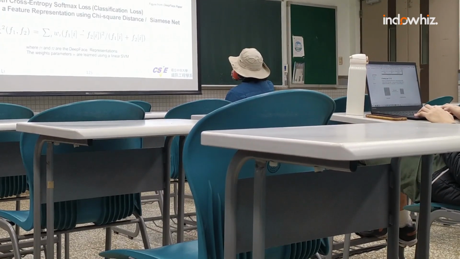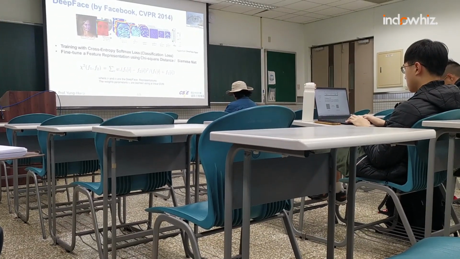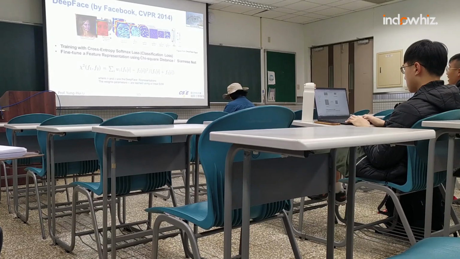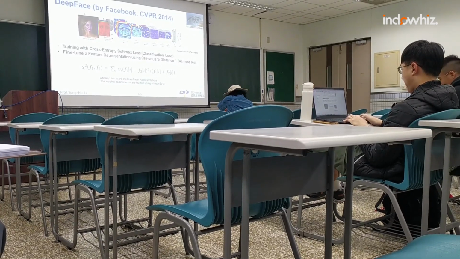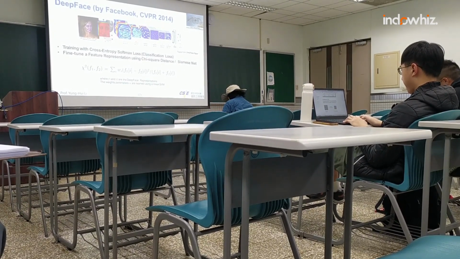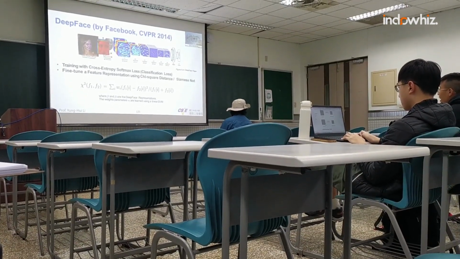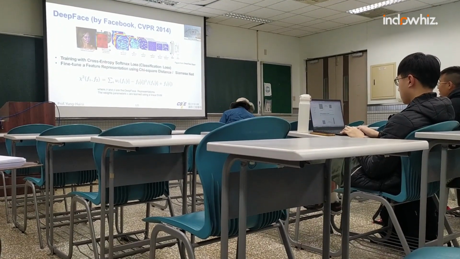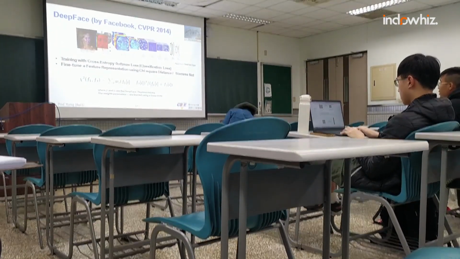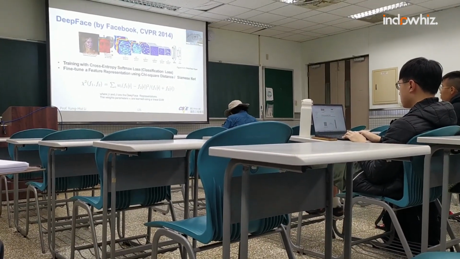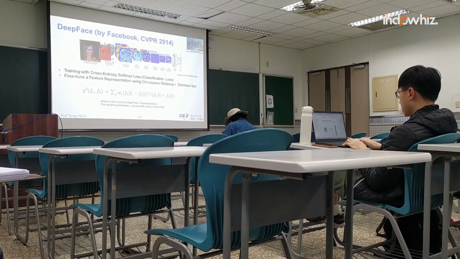So here is the flow chart of DeepFace. First, you get the input face image, and then you need to detect the location of the face. And then you also need to detect the contour of the face, which is the facial landmark tracking we talked about.